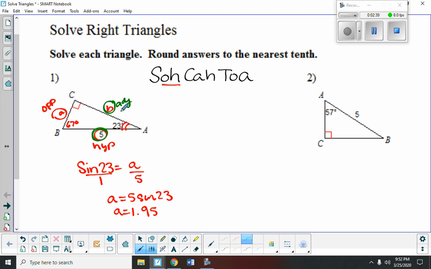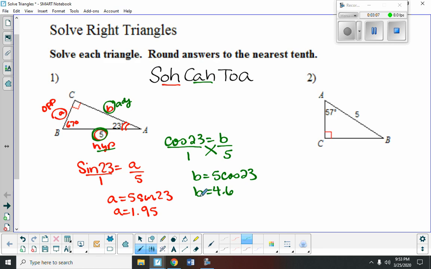So the adjacent and the hypotenuse, that would be cosine. So the cosine of 23 equals the adjacent, which is B, over the hypotenuse, which is 5. And again, I'll cross multiply to solve that. B is equal to 5 times the cosine of 23. And that is 4.6.